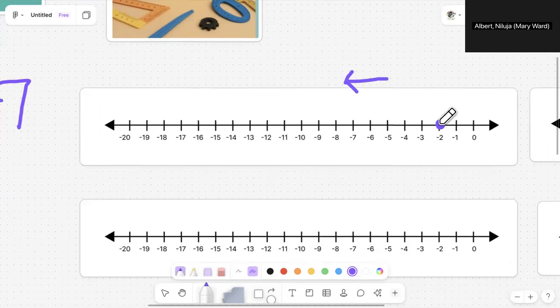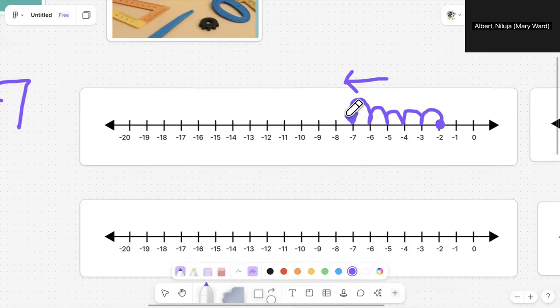So -2, we're going to move left by 5. One jump, two jumps, three jumps, four jumps. And you can see on the fifth jump, I'm landing at -7.